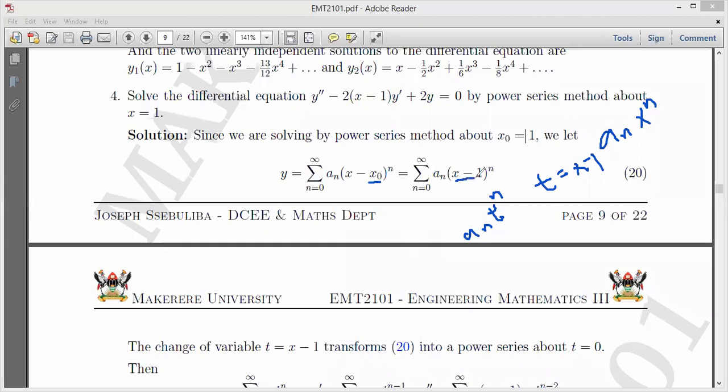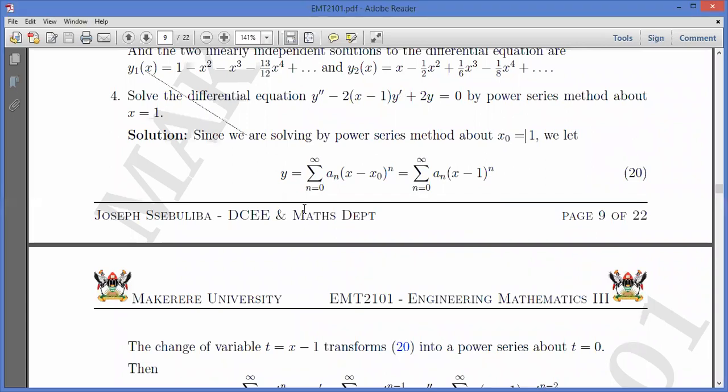So where we have x minus 1, we can have a change of variable to a t. And once you have a change of variable to a t, everything changes to t. You solve in t. In the final step, you bring back the x minus 1. So that is all. There is basically nothing much that is new that we are adding there.